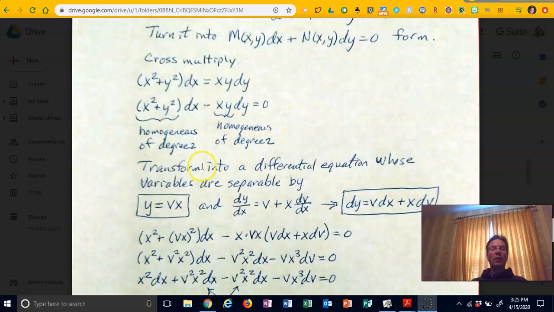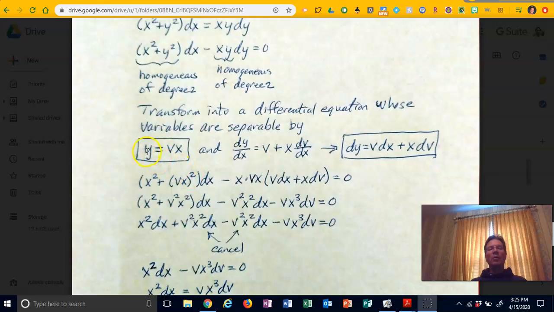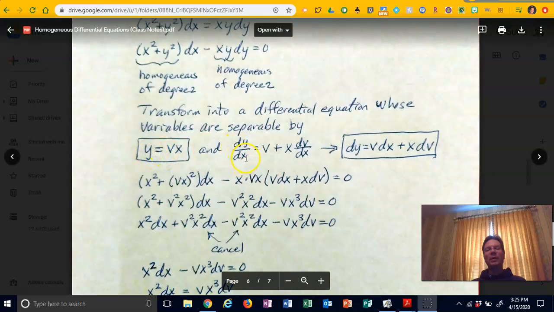And then we can separate the variables. Doesn't mean it's always easy, but that's what we can do. So we're going to transform this into differential equations whose variables are separated by using these two substitutions. We're going to replace y with vx, where v is a function of x, and the second part I'm going to show you here. So let's take y equals vx and take the derivative of both sides with respect to x.